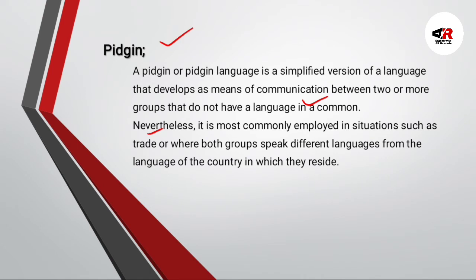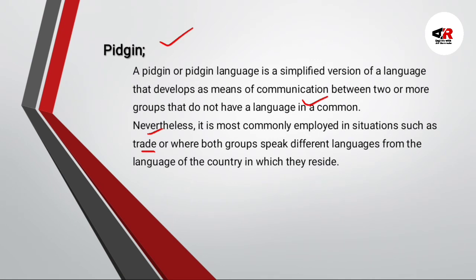different languages. Pidgin language is especially used in trade, because if you meet someone while trading, obviously you are unfamiliar with his or her language, and likewise she or he is unfamiliar with your language. Then a language is constructed, and that language is called Pidgin.